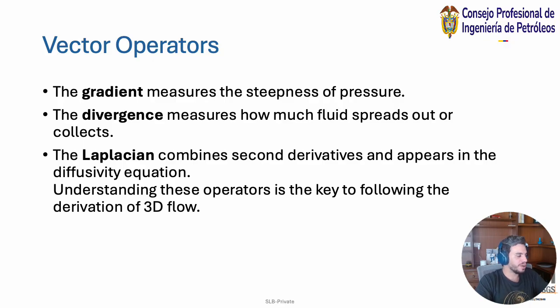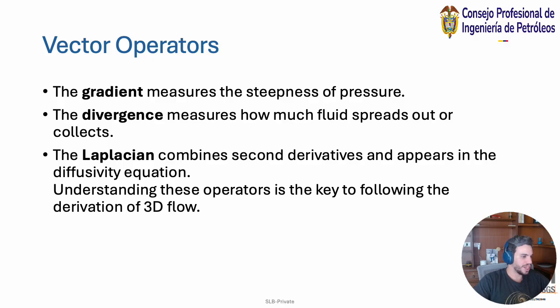So when we're talking about this, we can introduce the topic of vector operators, right? Because now we can talk about, with respect to petroleum, your flow equations, where gradients, divergence, and the Laplacian equation become extremely important. The gradient will measure the steepness of pressure, and the divergence can be used to measure how much fluid spreads out or collects.